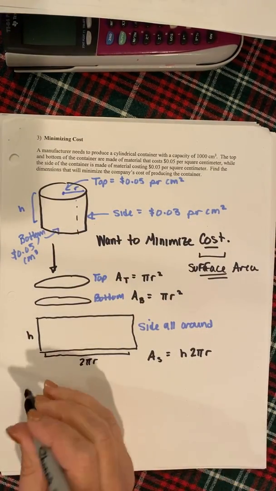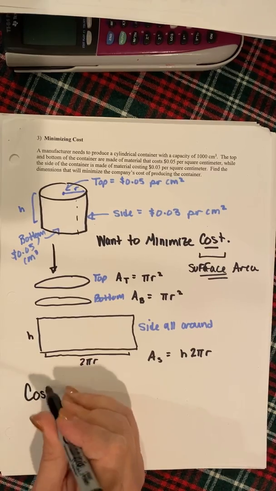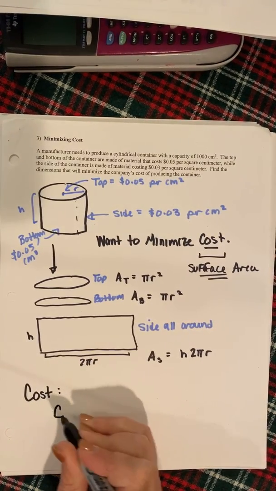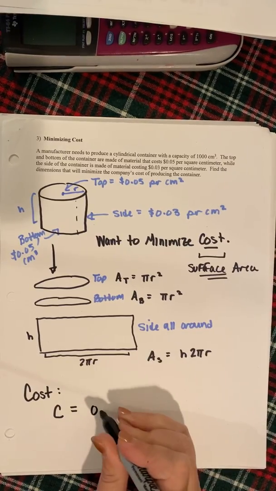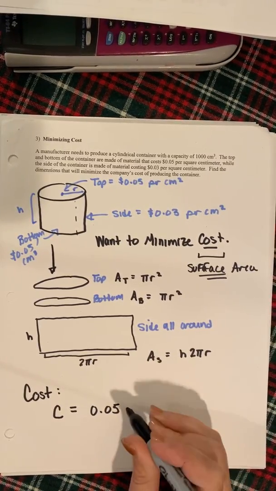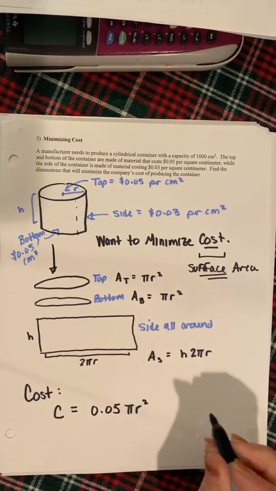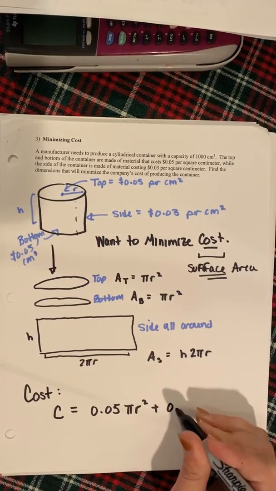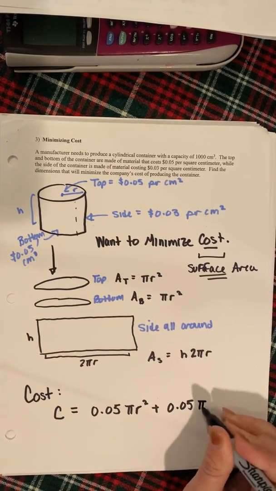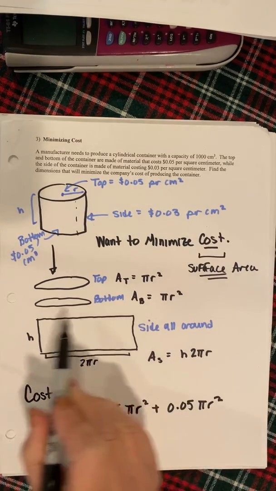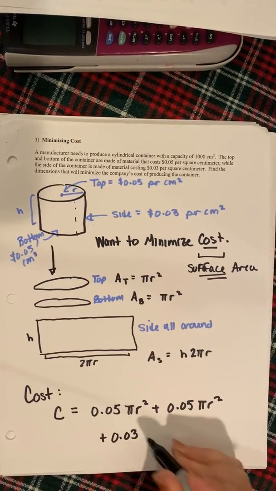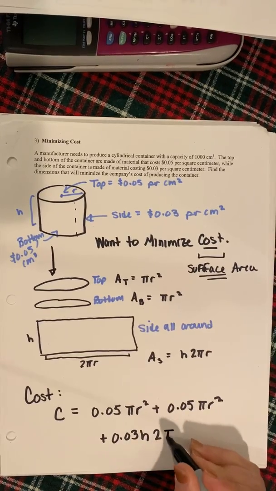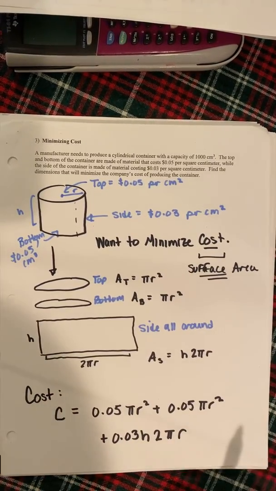So now the cost of the can, which we want to minimize, is 5 cents for the top, so 0.05 times pi r squared, plus another 5 cents for the bottom. And then the sides cost us 3 cents, so it's 0.03 times h times 2 pi r.